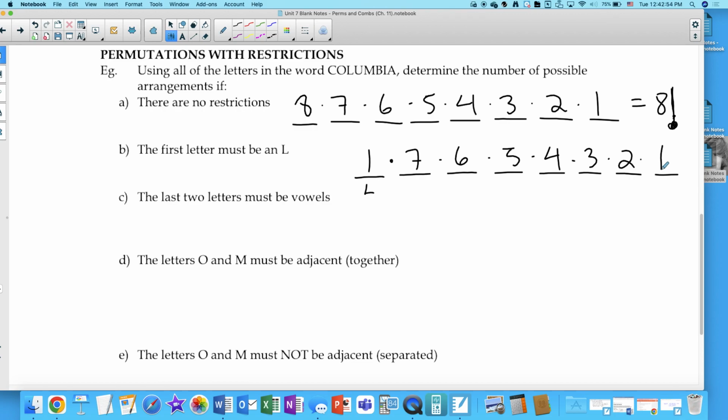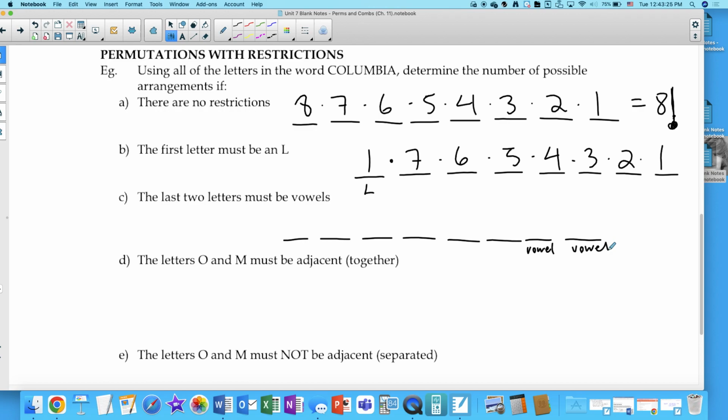The last 2 letters must be vowels. Okay, the last 2 letters must be vowels. So we've got 1, 2, 3, 4, 5, 6, 7, 8. And the restrictions are in the last 2 letters. Vowel and vowel. Okay? So if we're dealing with those last 2 letters first, how many options do we have, let's say, for this one? 4.